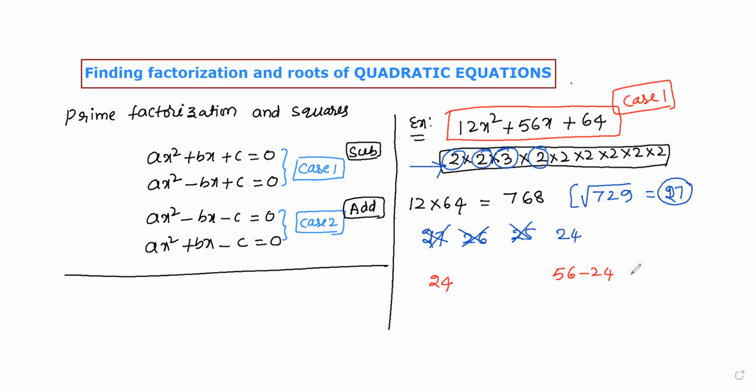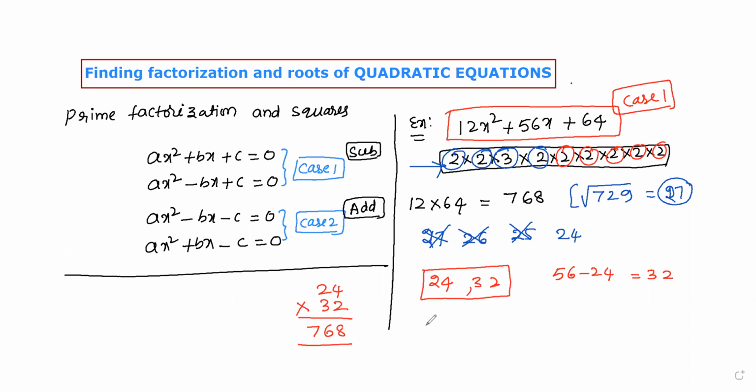Then I got 32. You can see the remaining numbers 2, 2, 2, 2, 2, totally five twos, that means 32. Let me check whether this combination gives 768 or not. Yes, it is giving 768.